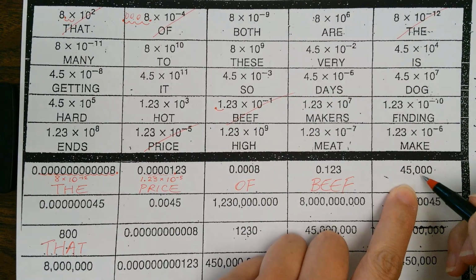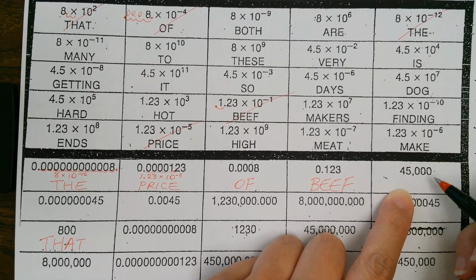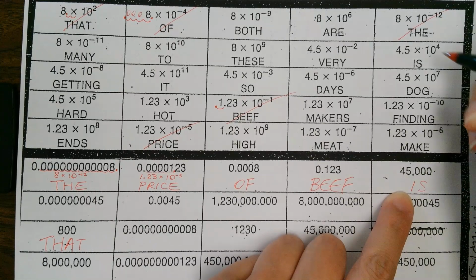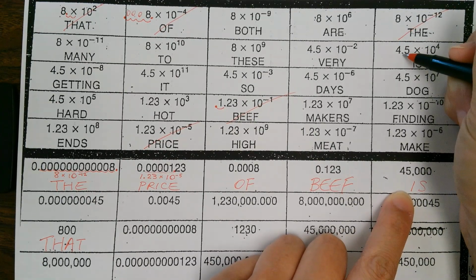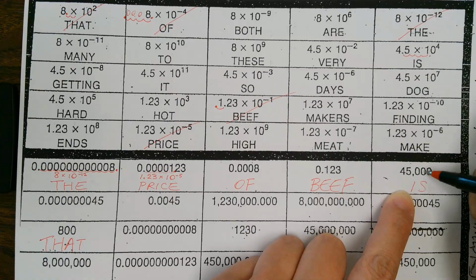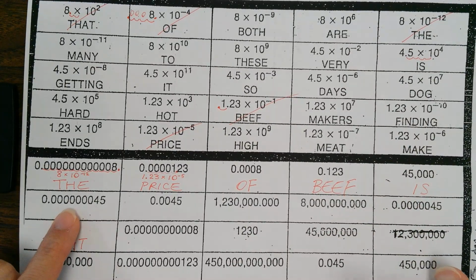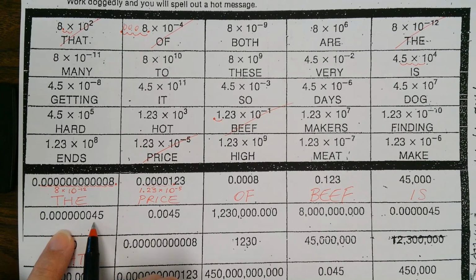Next one, Yusuf, what did you get for this? Is. Okay, so when I move this, it is 10 to the 4. So I move this over 4 places, 1, 2, 3, 4, and I fill the spaces with 0. So it's 45,000. Michaela, this one?